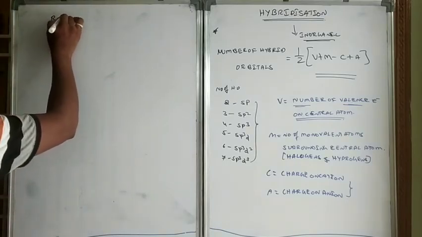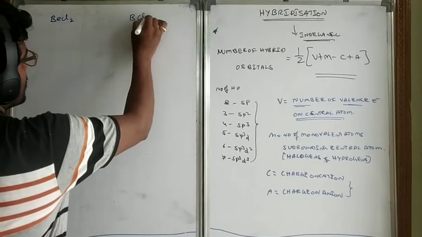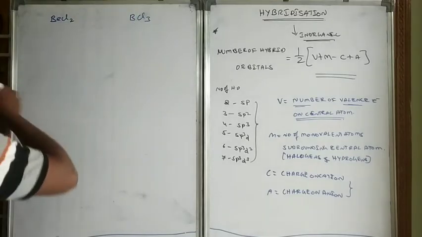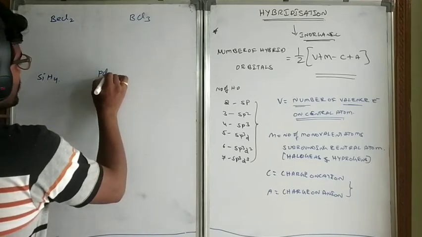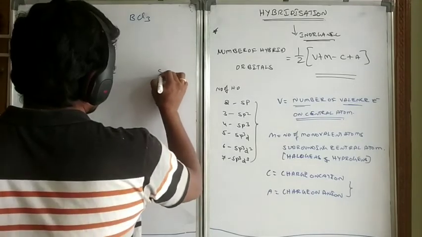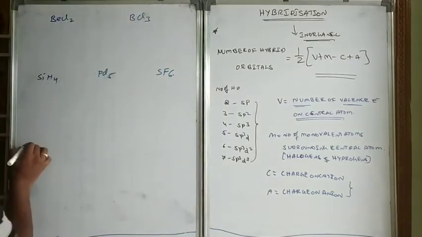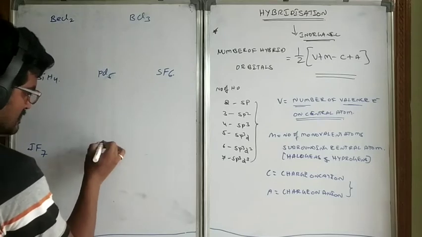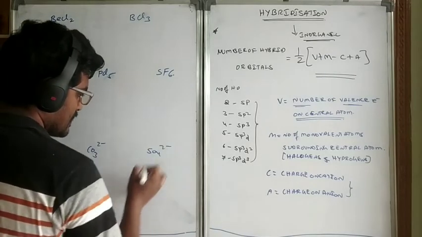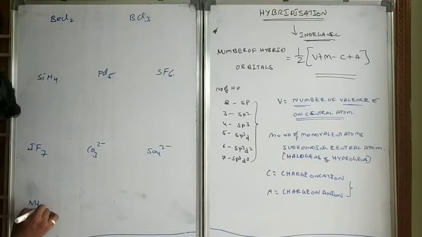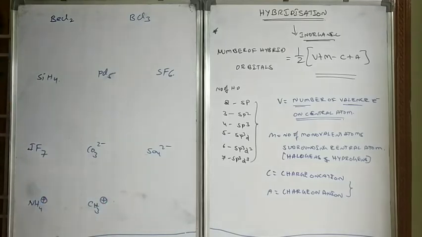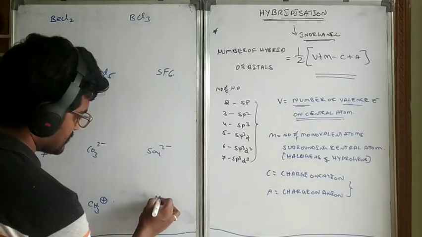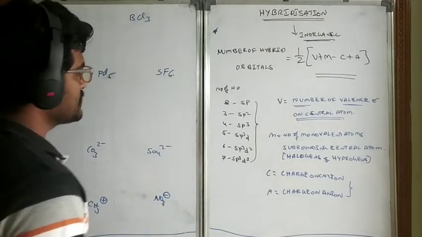See, BeCl2, BeCl3, SiH4, PCl5, SF6, IF7, CO3 2 minus, SO4 2 minus, NH4 plus, CH3 plus, NO3 minus.